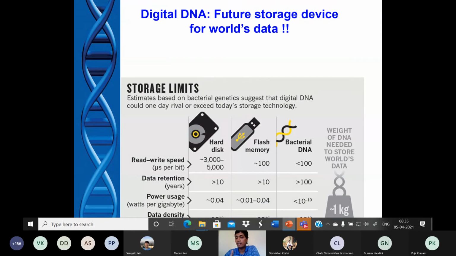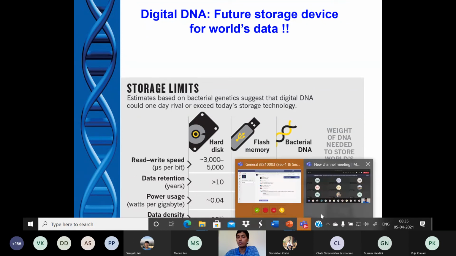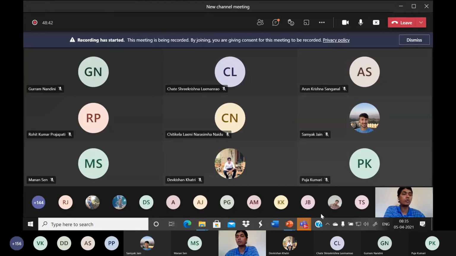First, get it clear that DNA is present in every cell of our body. An adult human being has approximately 10 to the power 13 cells. Each cell contains DNA, a huge amount of information.